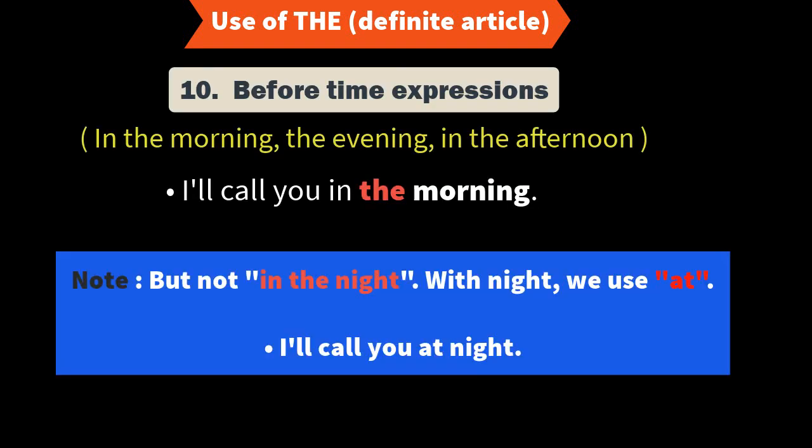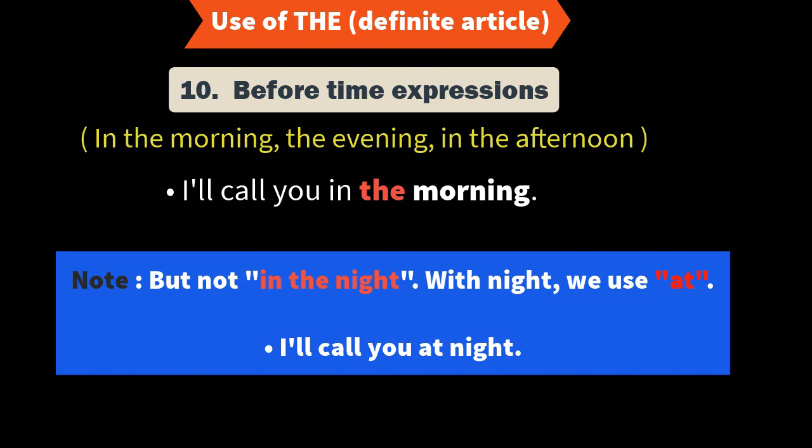Next rule, we also use the before time expressions like in the morning, in the afternoon, in the evening, but not in the night. We say at night, right? Because all these words, morning, afternoon, evening, refer to the daytime. And for night, we use at night, not in the night. So, for example, I'll call you in the morning tomorrow.